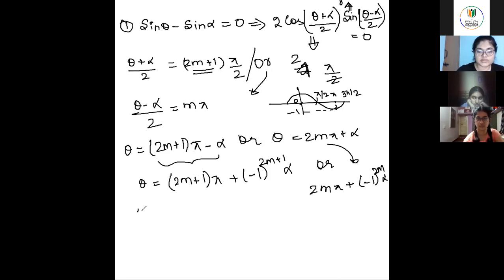Okay, so that gives us theta is equal to n pi plus (minus 1) to the power n alpha. Okay, so I'll send this PDF to you guys after this class, so you can have a look at all other proofs. It is similar.